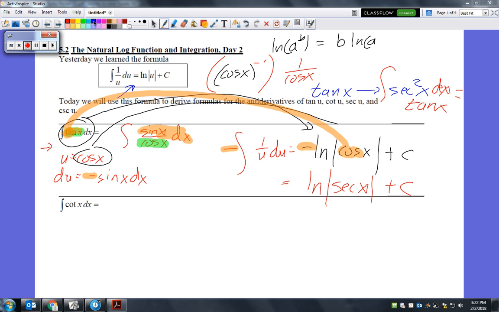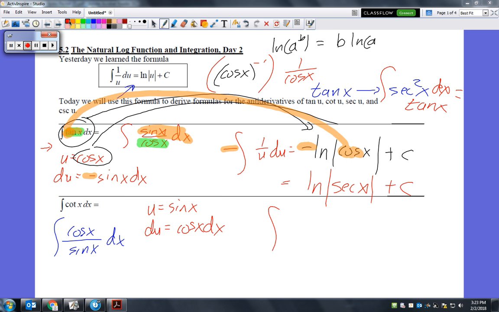This next one is cotangent. We're going to start it the same way. We're going to have cosine of x over the sine of x, and it's going to be dx. So anyone, what's my u? Sine of x, yeah? u is sine of x, du is cosine of x dx. Nice.